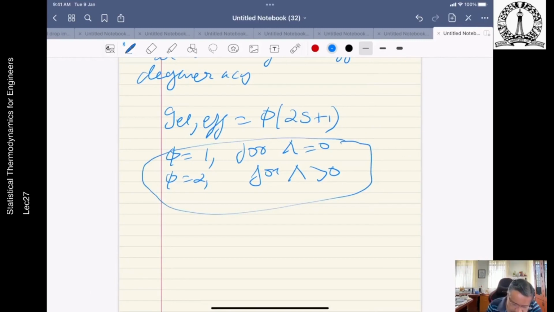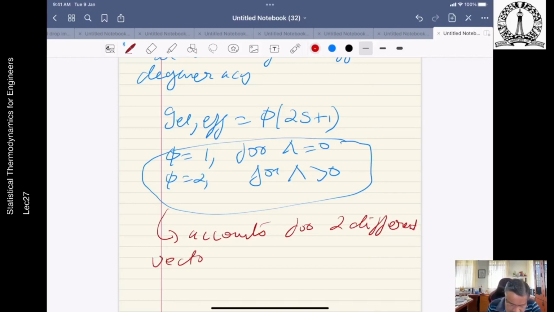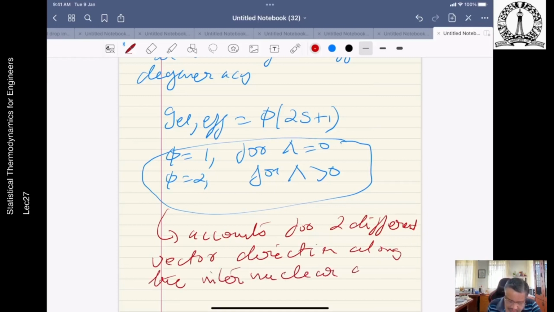So this accounts for two different vector directions along the internuclear axis when L along AB is greater than 0.